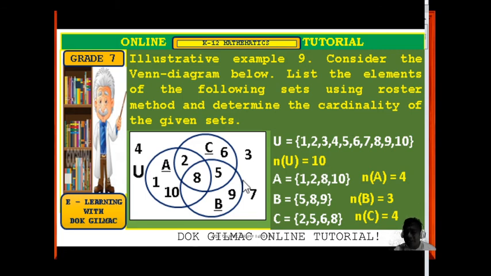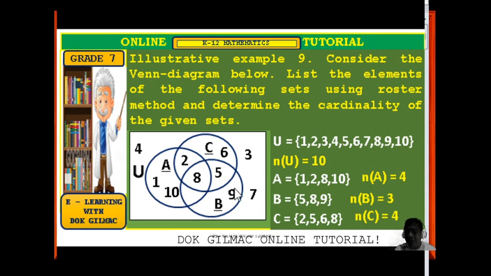Now, if we take a closer look at set A, there are actually 4 elements, and we have 1, 2, 8, 10. Therefore, n of A is equal to 4, since A has 4 elements.